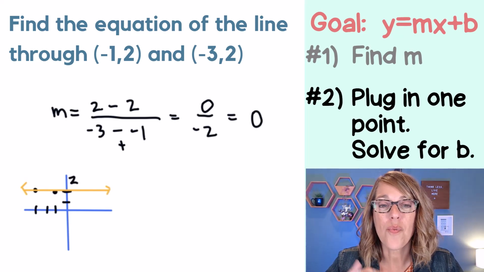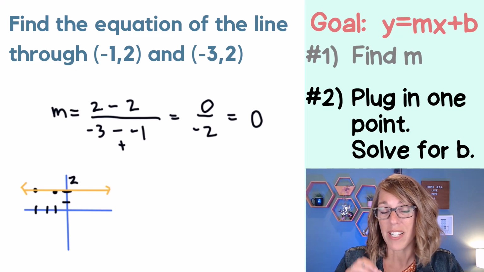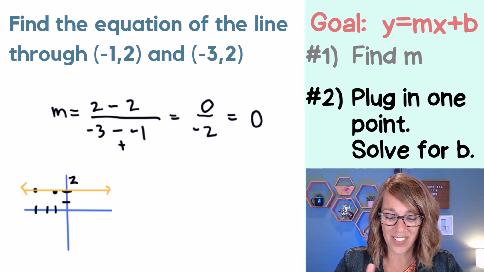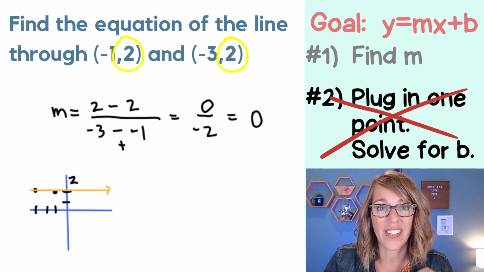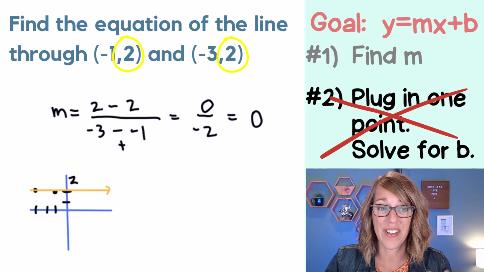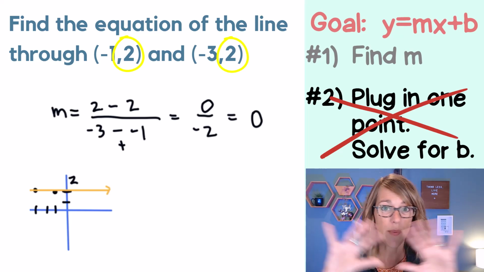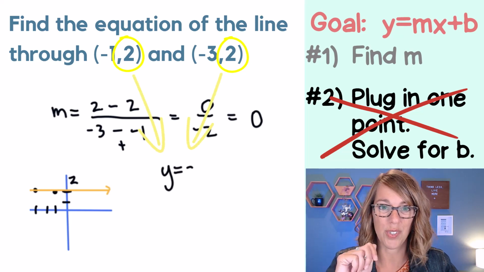No matter what my values are, I'm going to have 2 everywhere. My slope is 0. 0 times x is 0. So instead of doing the second step, I can actually just notice that I've got the same y-coordinates. I even could have skipped the slope step. Because I've got the same y-coordinates, no matter what point I am on this line, y is equal to 2.